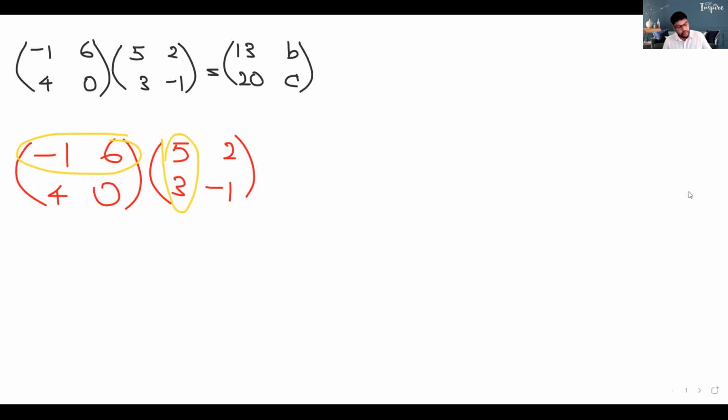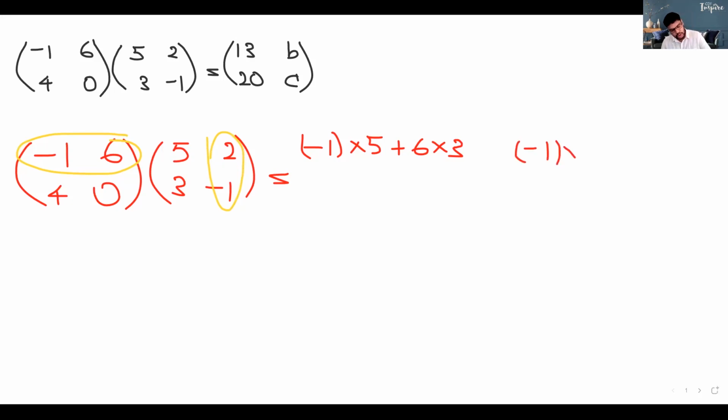So the first row multiplied by the first column, we have minus 1 times 5 plus 6 times 3, first element. We move this here, and we get negative 1 times 2 plus 6 times negative 1.